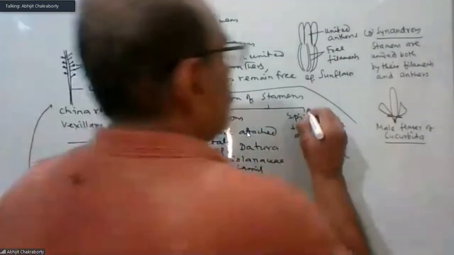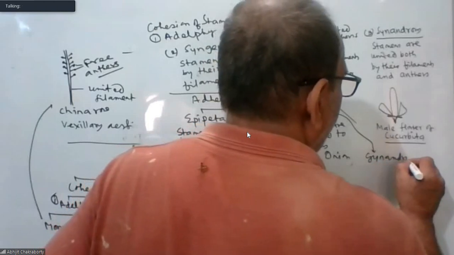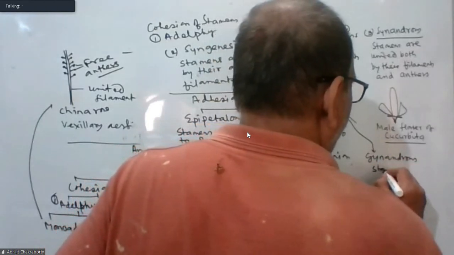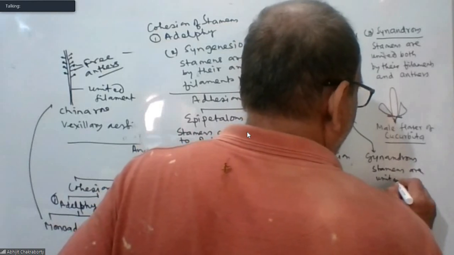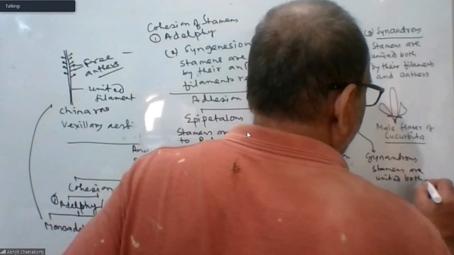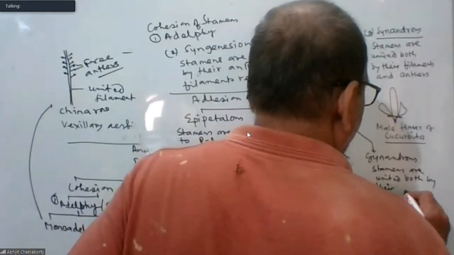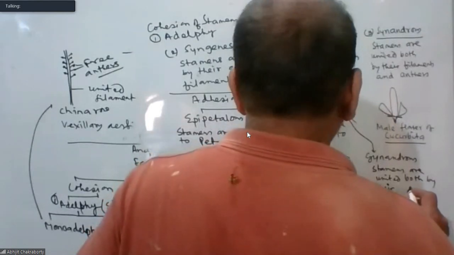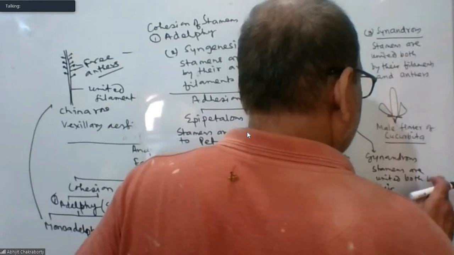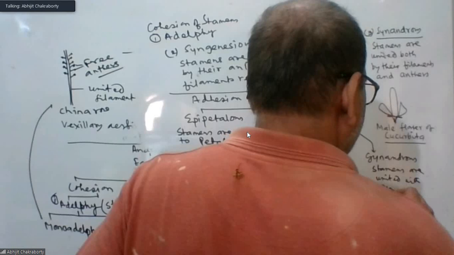Another one is there, gynandrous: stamens are united with pistils.